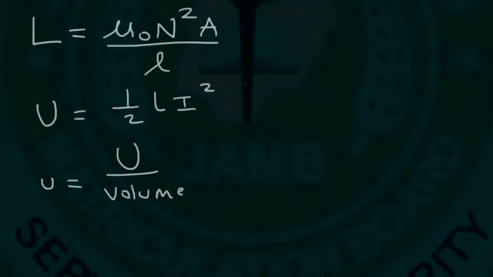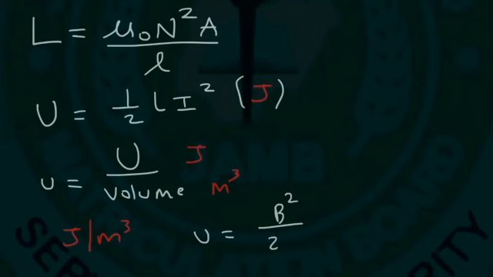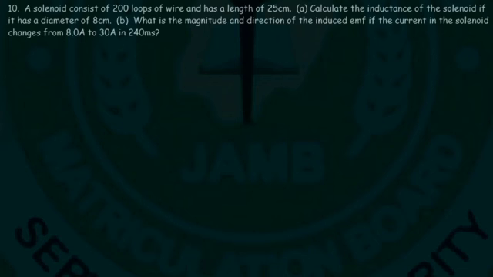The potential energy is measured in joules. The energy density is going to be joules per cubic meter. The energy density is equal to B squared over 2 mu 0. That's how you could find the energy density relative to the magnetic field.